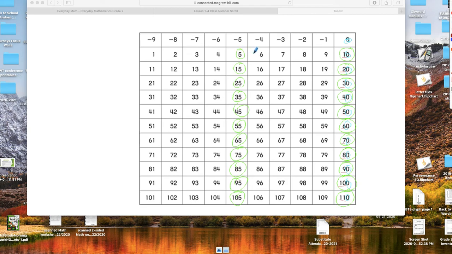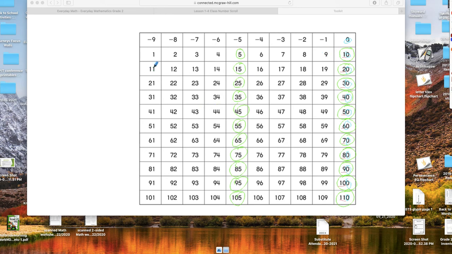So, Kaden, how do you think we're counting on the number grid when we go across? We count by ones, Kaden. When we go across the number grid, we just count by ones. 1, 2, 3, 4, 5, 6, 7, 8, 9, 10. I want you to notice, I get to 10, I go all the way over here.